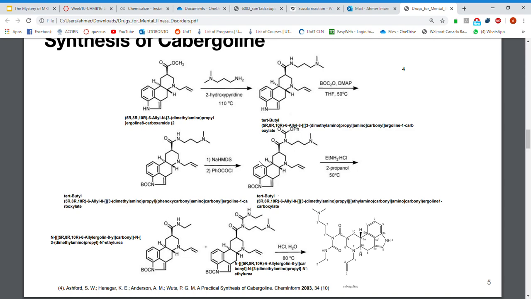Right now it's not a steric hindrance thing. It's just that one is nucleophilic and one is electrophilic, so they're going to interact.